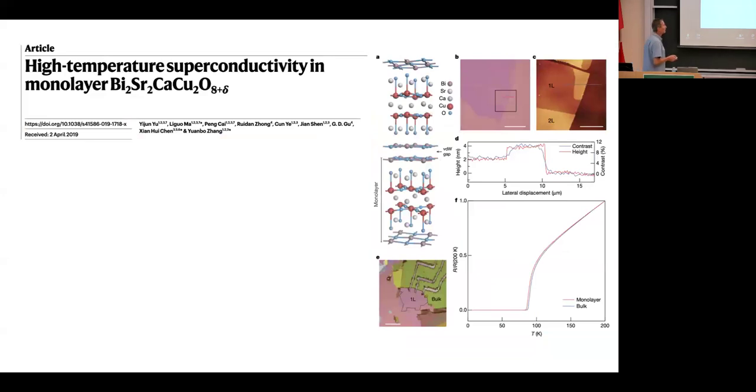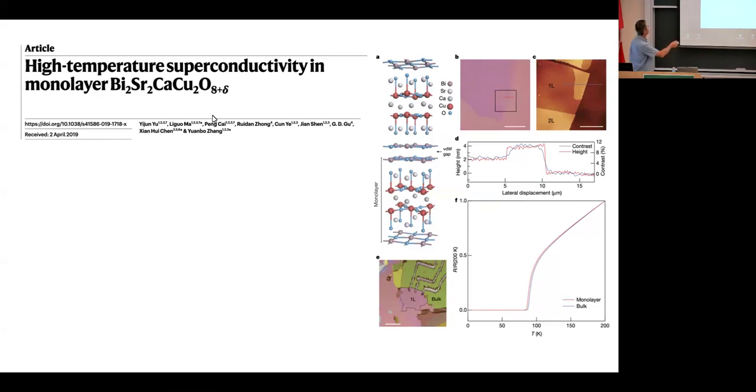The work that motivated us to think about twisted high TC cuprates is this paper here, published in 2019 by Yang-Bo Zheng's group in China, where for the first time in more than 30 years of history of the high TC field, they were able to isolate a single monolayer of the high TC cuprate BSCCO.